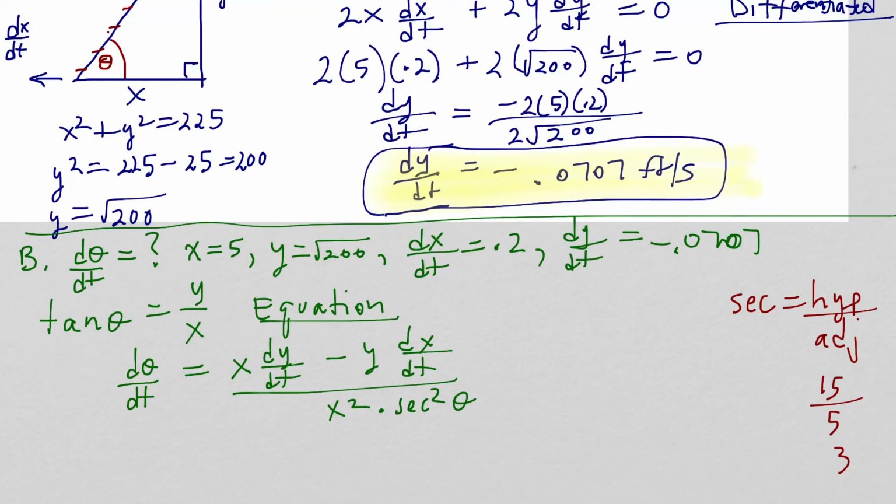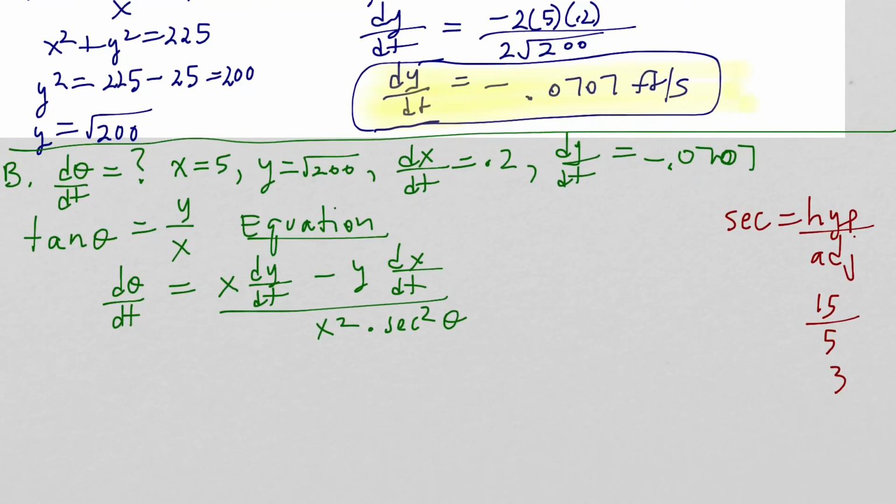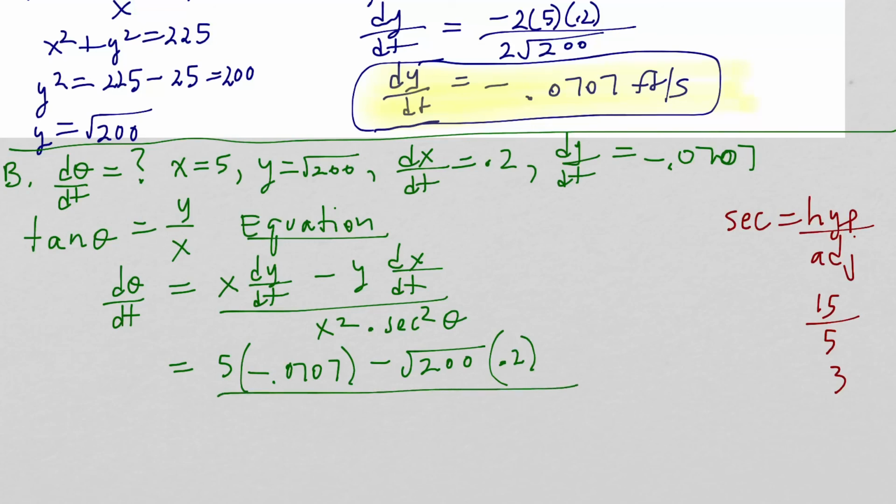Okay, so now we put all our numbers in here. So we've got 5 for x, negative 0.0707 for dy dt, root 200 for y, dx dt is 0.2, all over x squared, secant squared, 3 squared.